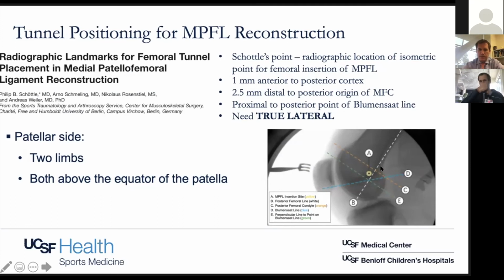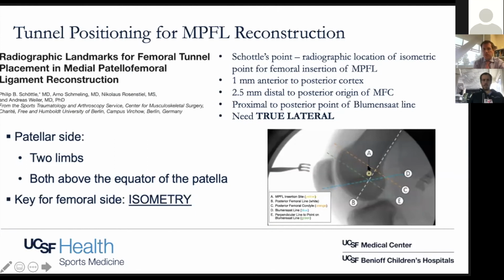And just distal to the posterior origin of the medial femoral condyle, and then proximal to Blumensaat's line. And then with this, we'll use this in the operating room, and you need a true lateral, so with the condyles overlapping, and then you can place your tunnel right at this point. And the key thing that you want from this is to be isometric.